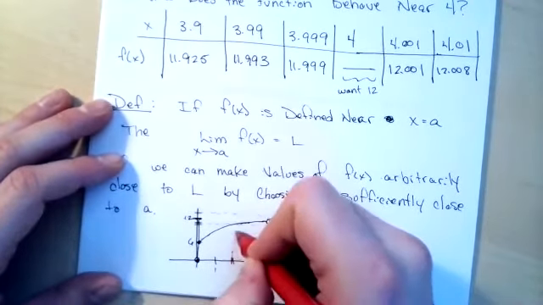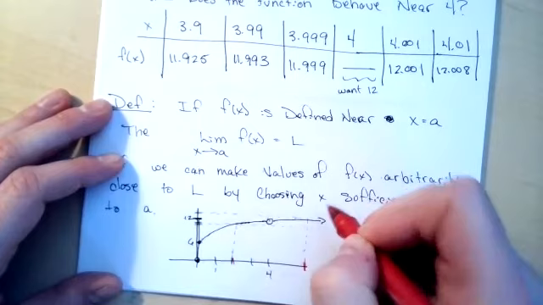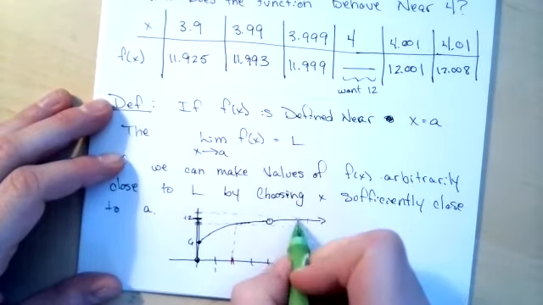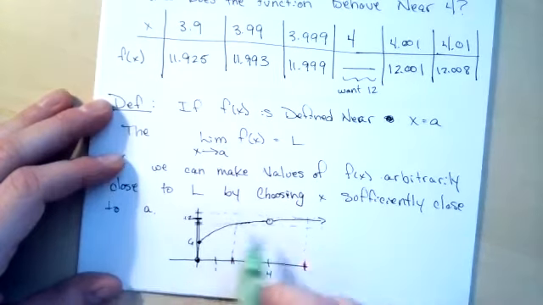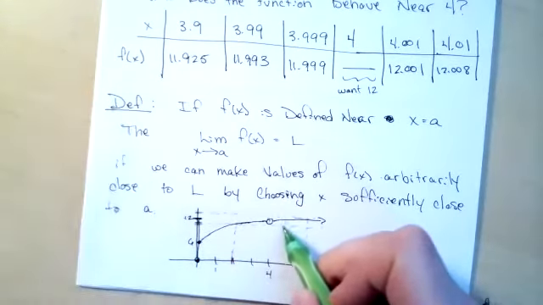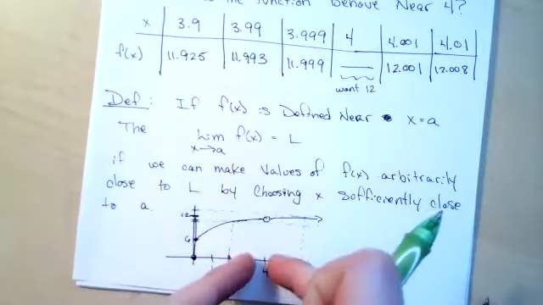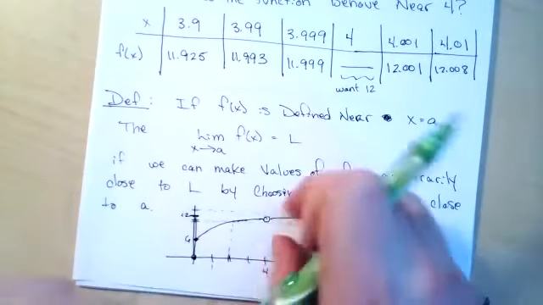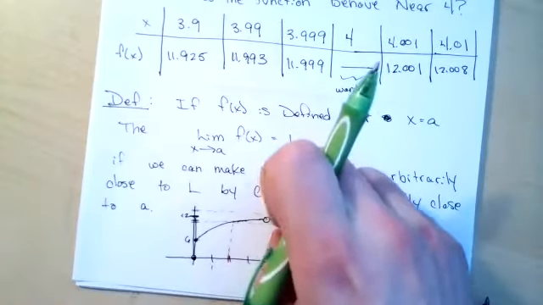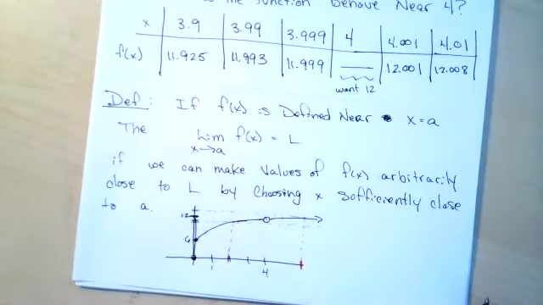So as long as our margin of error for our input, for our x values, is within this red zone, the value of the function is going to be within the green zone. And I can shrink that green zone as much as I want. We can always find a specific red zone corresponding to our green zone, no matter how much we shrink our green zone.